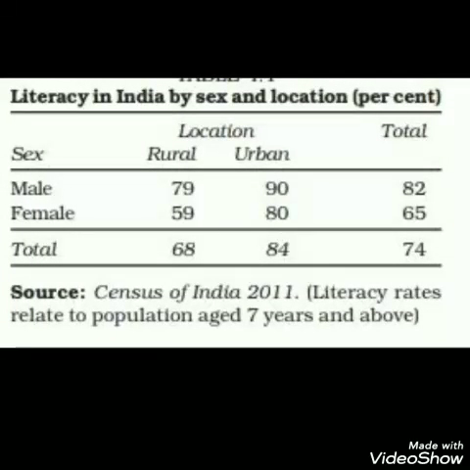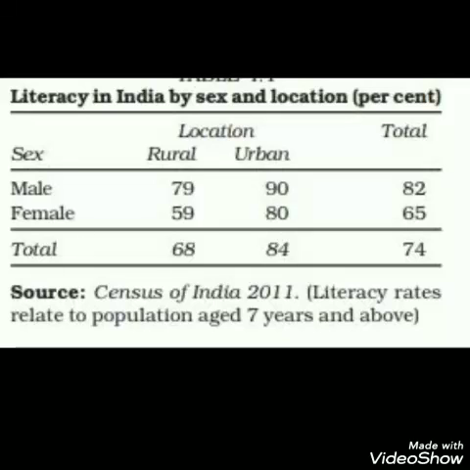In this picture we classified the literacy in Bihar by sex and location. So these are the qualities. In the main title heading there were four classifications. First one is sex, that is male and female, then location, urban and rural, and then total.